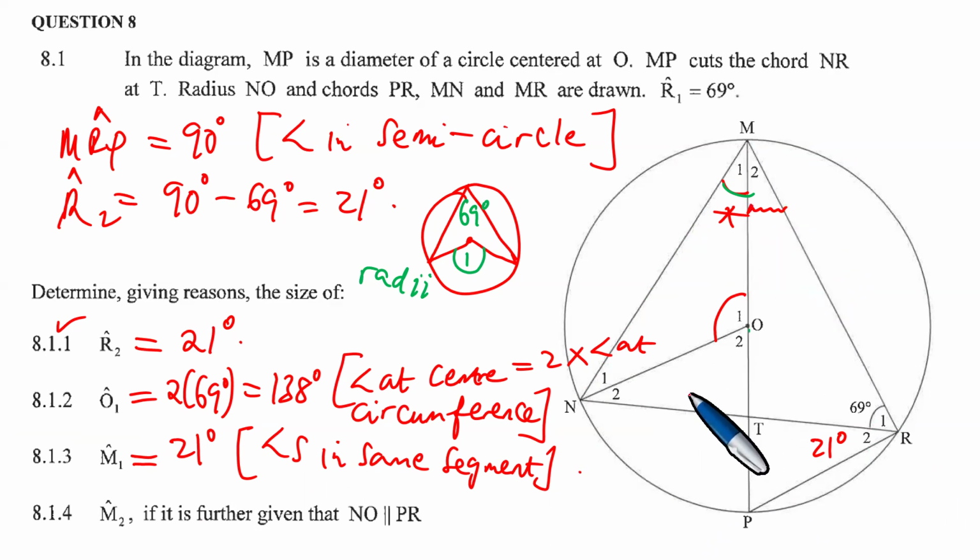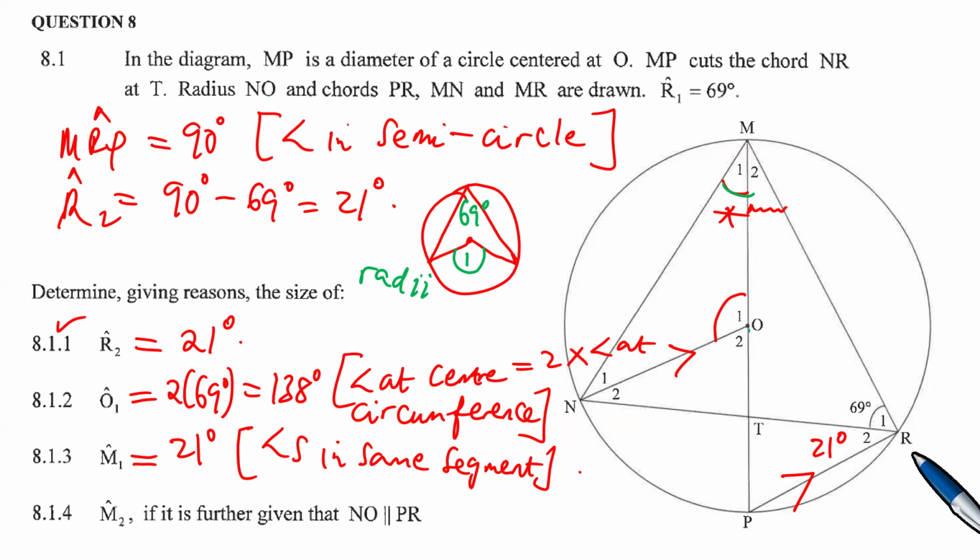What is the angle M2? If it is further given that NO, this one, is parallel to PR, we need to find the angle M2. Any idea on this one?